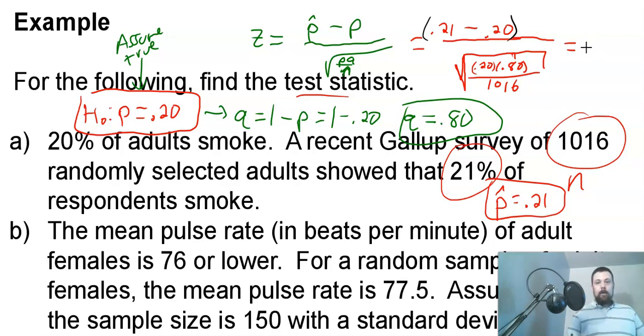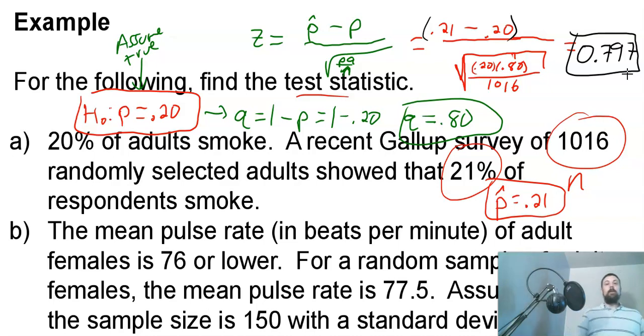And I end up getting 0.797. I'll just go 3 decimal places. My StatLab should tell you how many decimal places to carry that calculation.